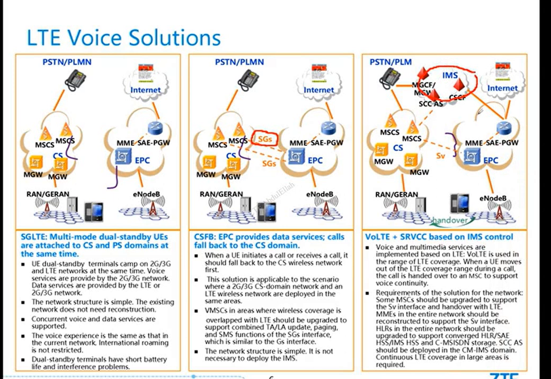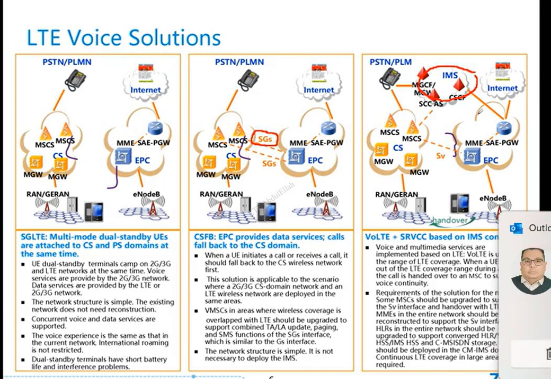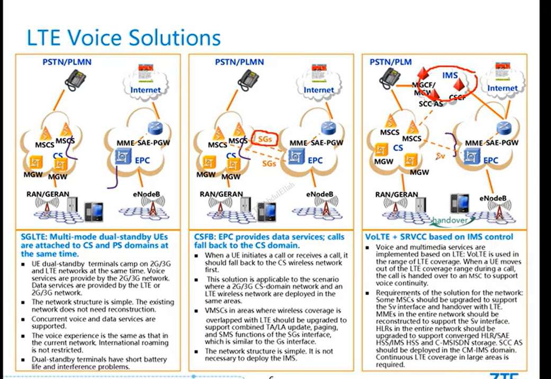But if the UE moves from the LTE network to the 2G or 3G network, how do we guarantee the voice continues? So in this solution, we also have SRVCC technology. SRVCC means single radio voice call continuity technology.